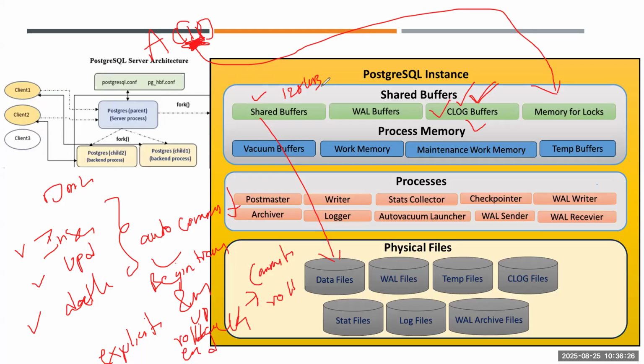The WAL buffers are set by default to about one third or one fourth of your shared buffers, in terms of 64 KB. So 64 KB is fine for WAL buffers. It's KB, not MB.